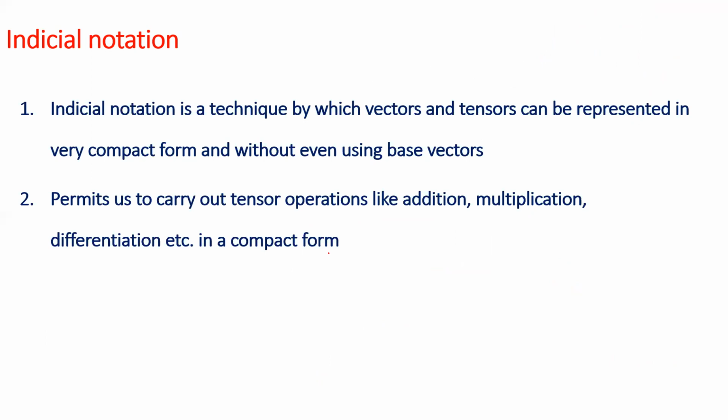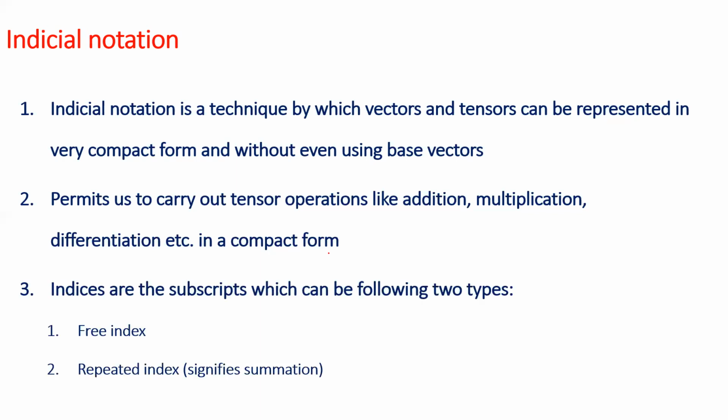For example, if you have to multiply the 6 components of stress with the 6 components of strain in order to determine the internal energy density, you can do this in maybe 4 variables rather than writing 12 expressions involving 24 terms. So it helps us to do our mathematical operations.